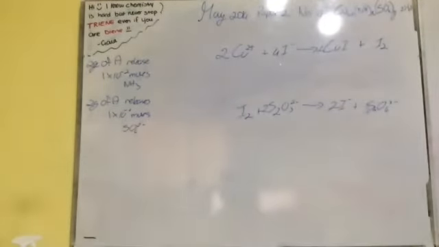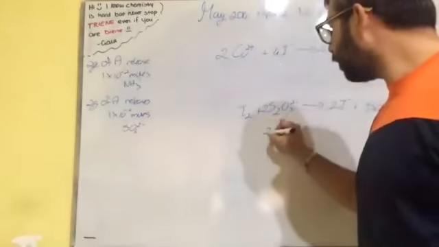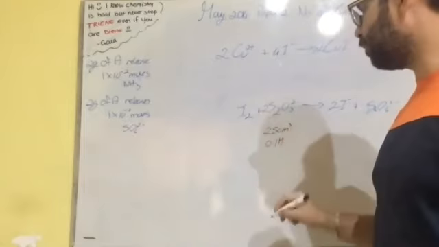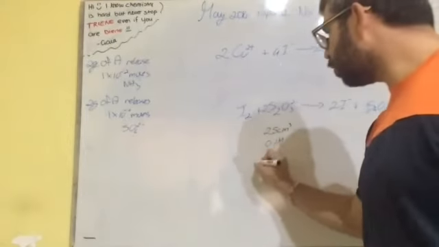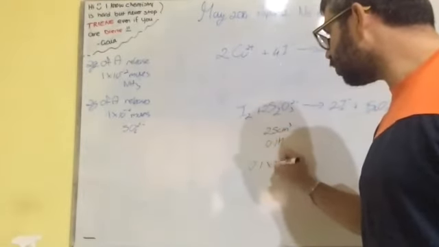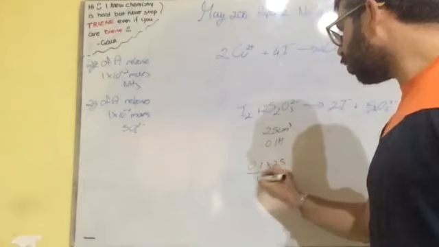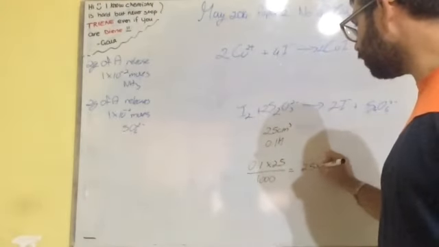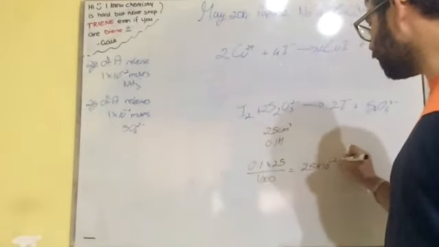And you were given that the iodine produced here required 25 centimeters cubed of 0.1 molar solution. So 25 centimeters cubed of 0.1 molar would be equivalent to 0.1 times 25 over 1000, which is equal to 2.5 times 10 to the minus 3.